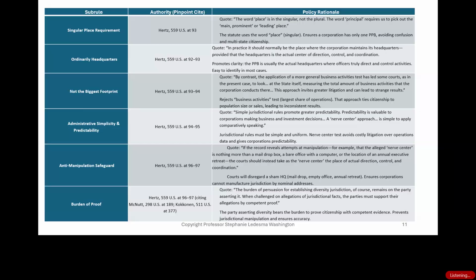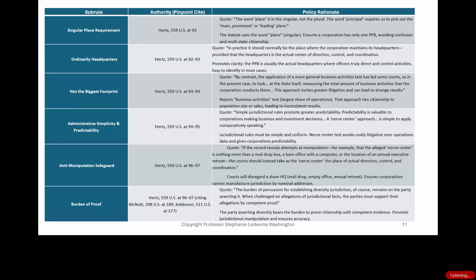I know that these words are tiny. You might not be able to read them as we go through the video, but because it's been posted in Canvas for you, you at your leisure can go in and blow this up, or print it, or even change the color of it, make it bold, whatever it is you need, if this is helpful for you. But we're just going to take a couple.